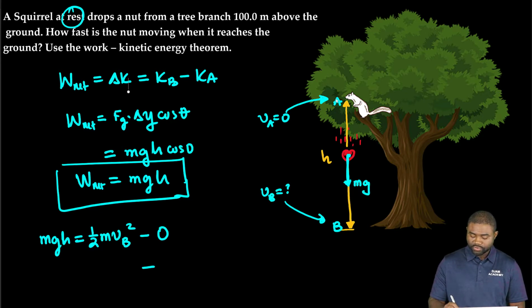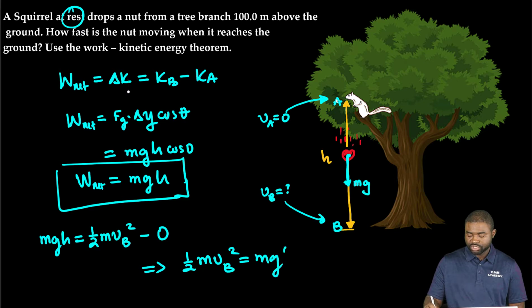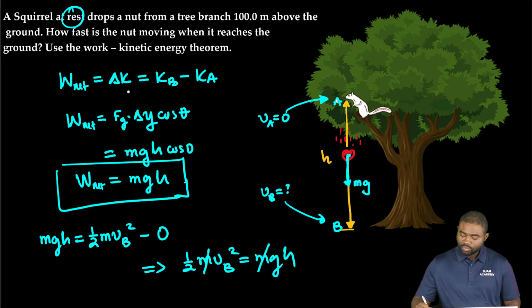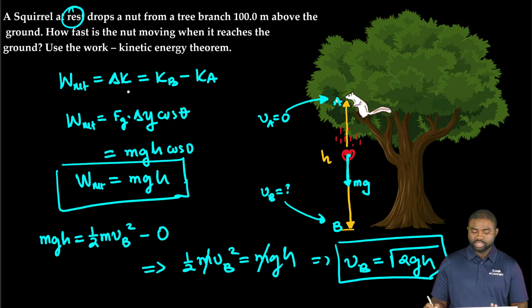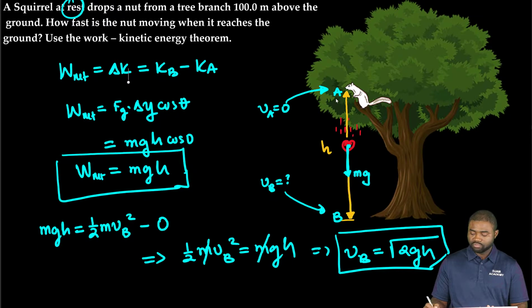In other words, we can see that 1/2 m v_B squared is equal to mgh. The masses will cancel, and v_B will be equal to the square root of 2gh. This is the expression to calculate the speed of the nut at B.